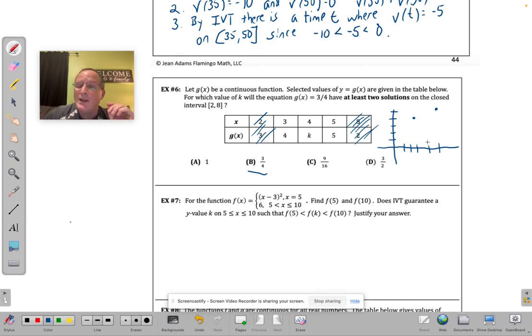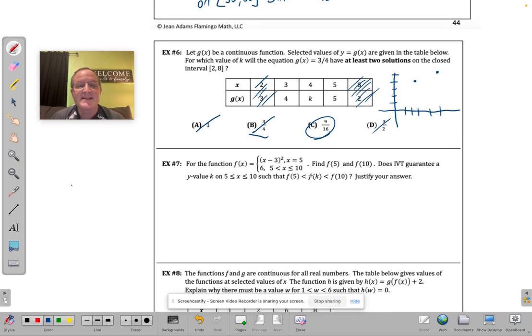All I know is if you go below 3/4, then it had to hit 3/4 on the way down at least once, and it had to hit 3/4 on the way back up. So that's out. It's got to be lower than 3/4. That's not lower, that's 1.5. And this is definitely lower than 3/4, because 3/4 would be like 12/16 if you thought about it with that denominator. So it is C.